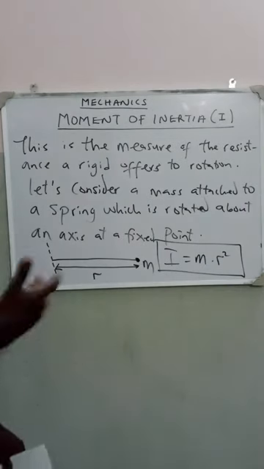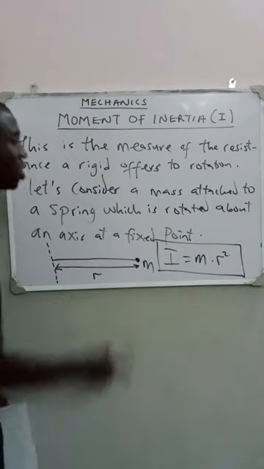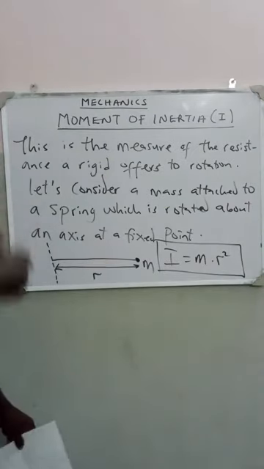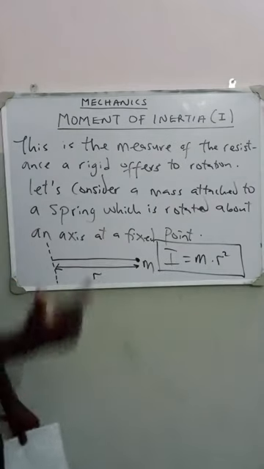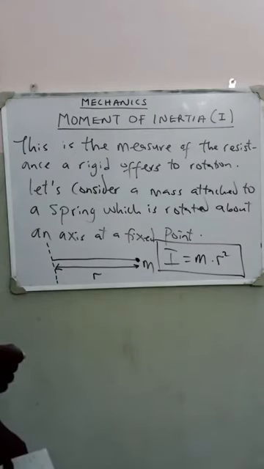In that case, for us to calculate the moment of inertia, it simply means that we are calculating the moment of inertia of the individual masses from their axis of rotation.